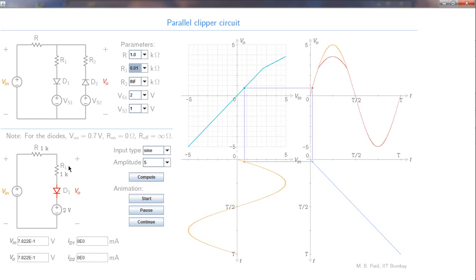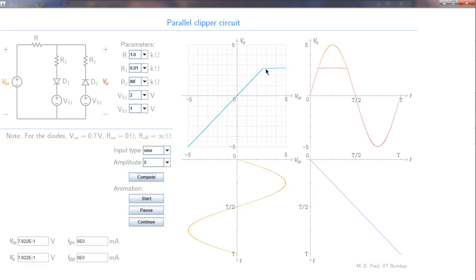Now this R1 is changing from 1K to 10 ohms. So the new slope would be 10 ohms divided by 1000 plus 10, that is 1010 ohms. So it is 10 divided by 1010. That's a very small slope. So we expect that this line would appear almost as a horizontal line. So let us see whether that happens.